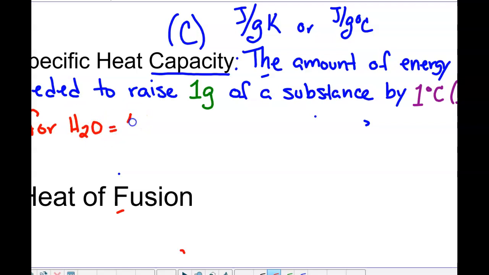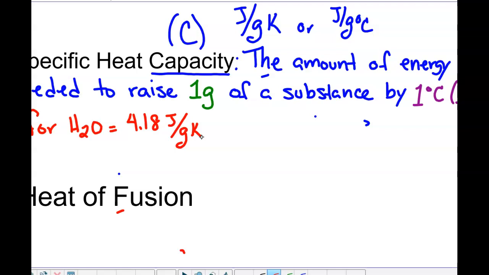This amount is 4.18 joules per gram Kelvin, and that is on your reference tables on table B. And we are going to be able to use this amount in order to do calculations moving forward.